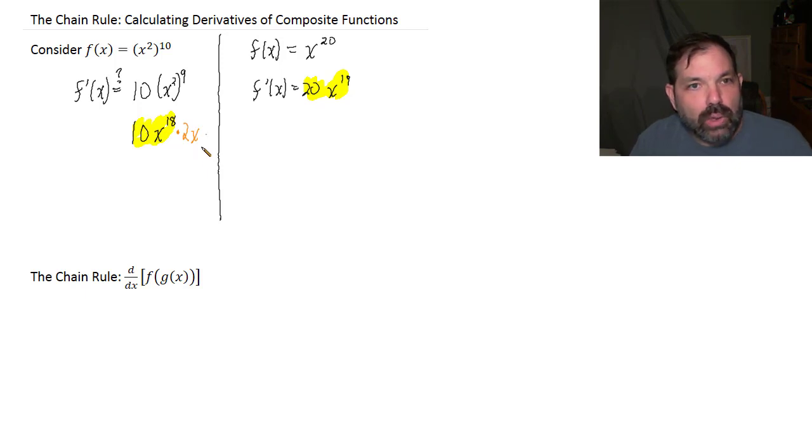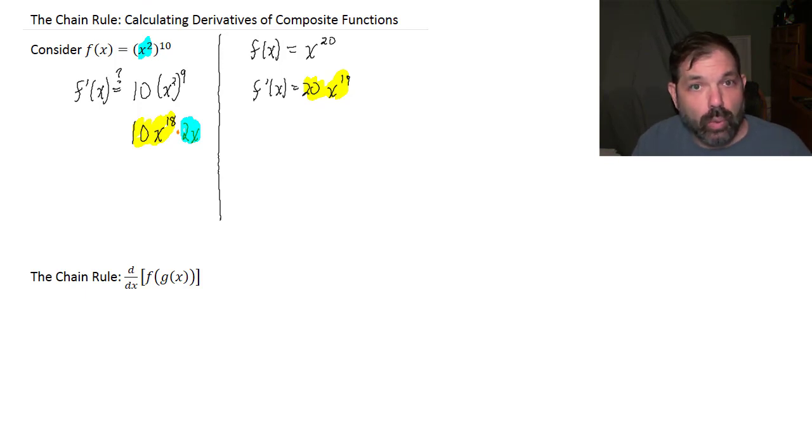And now, if we look at that 2x carefully, we should notice that it's the derivative of x squared. And that should be interesting, that the 2x is the derivative of the x squared. And it turns out that that's the basis for what's called the chain rule.